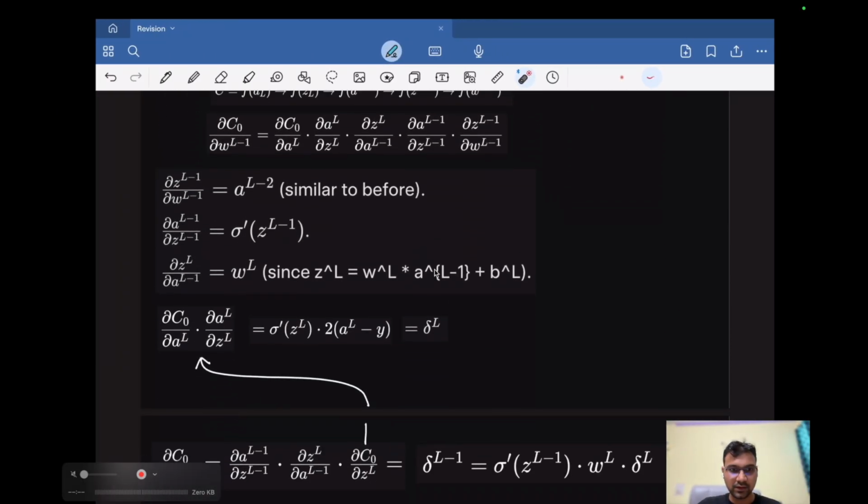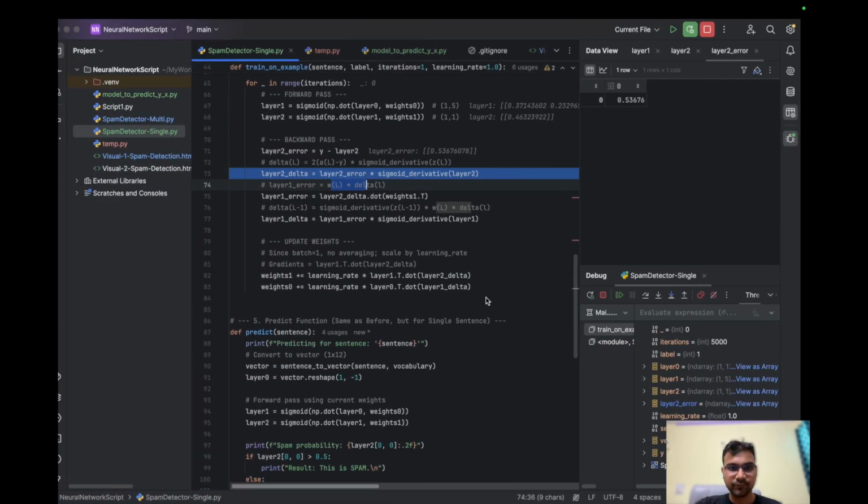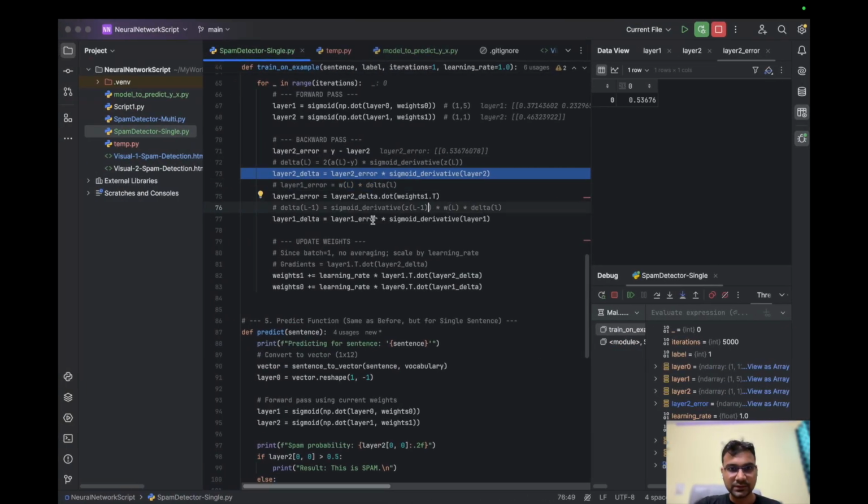You recall, this is the previous layer delta, multiplied by weight into L, and then we will multiply by the sigmoid function. This is the sigmoid function, and this is the value of the layer 1 error, which is weight into previous layer delta. Right, hope you have got this part.